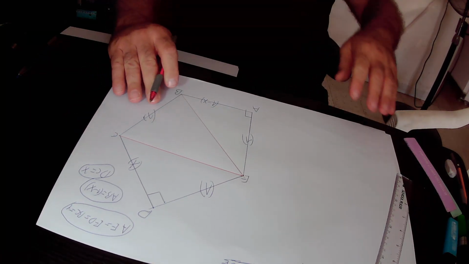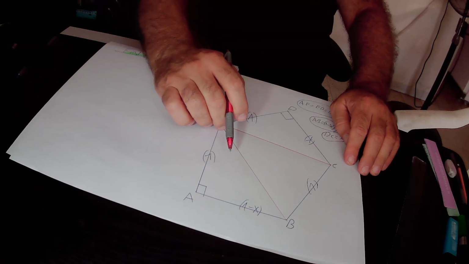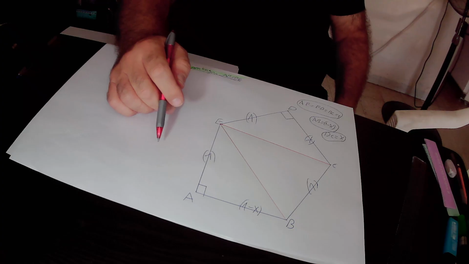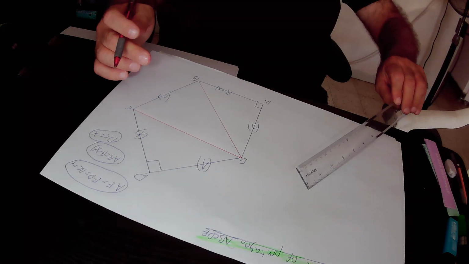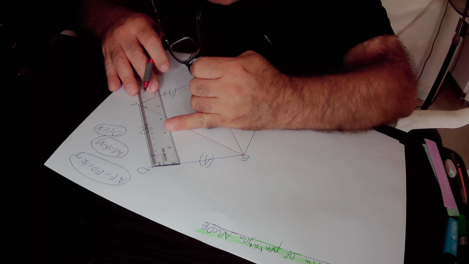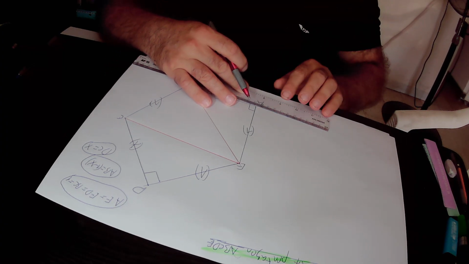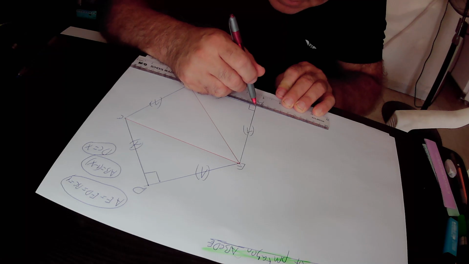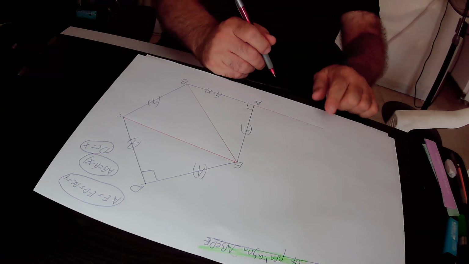In the next step, we will extend side BA of this pentagon ABCDE by a straight line in such a way that the extended part will be equal to x units in length. We call this point M.